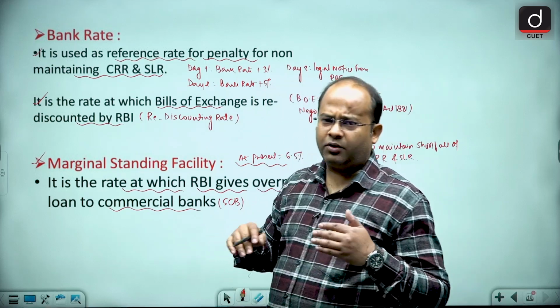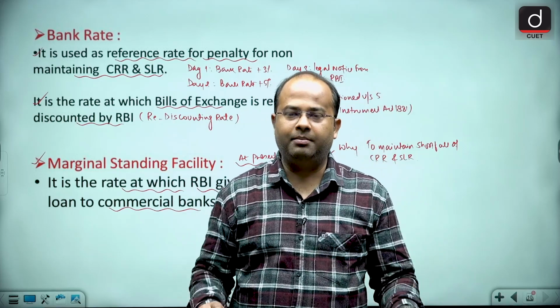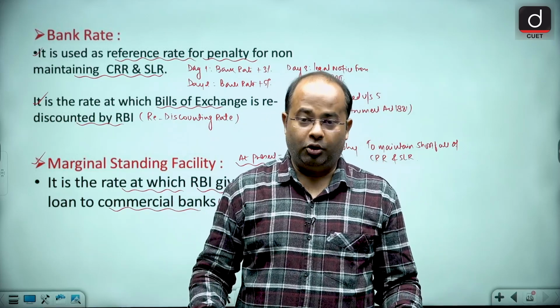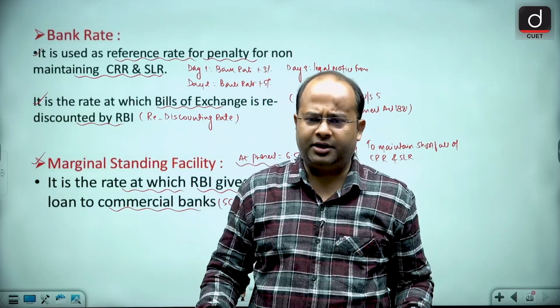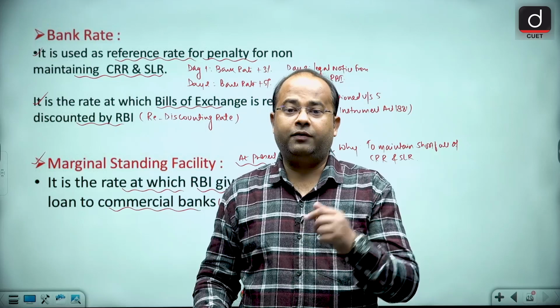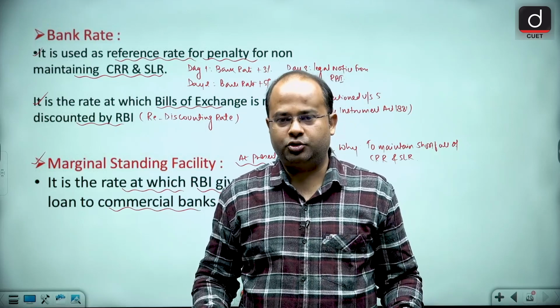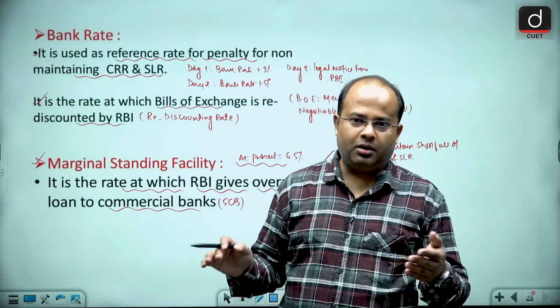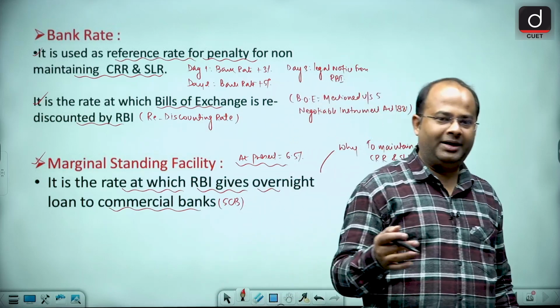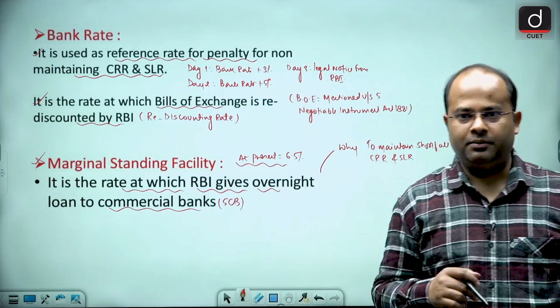Other than this, guys, for example, a big customer comes before the bank and wants a loan for a particular project for an overnight period, and on the next day will return it. So that is interbank borrowing. It is done on the call money market, and call money is priced on the basis of Mumbai Interbank Offer Rate, that is called MIBOR.